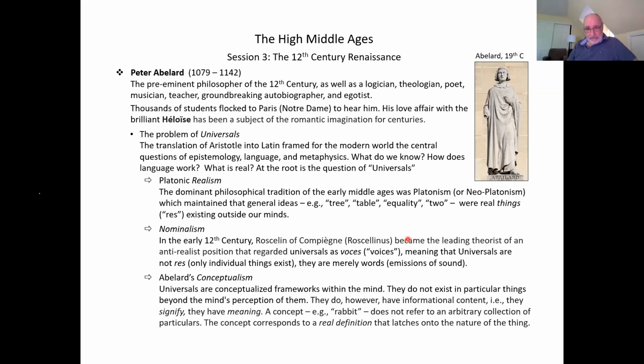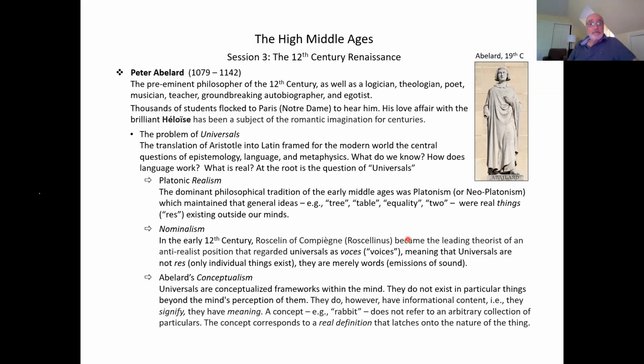General ideas, for example, tree, and by which I mean a general idea is a concept that applies to multiple particular things. Res, the Latin word for thing.